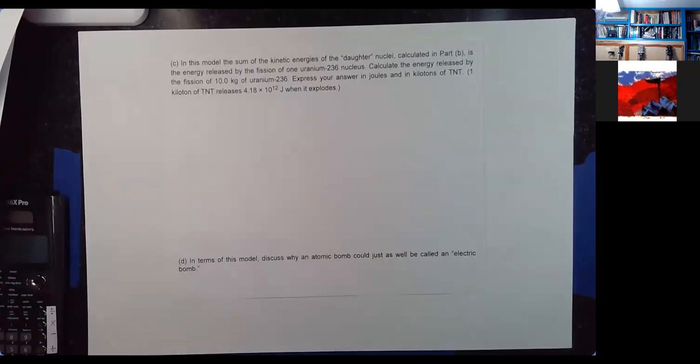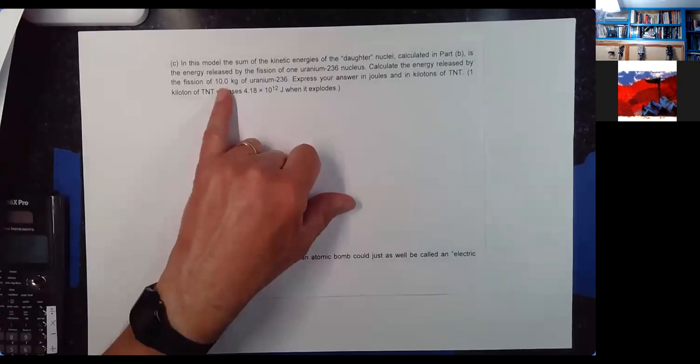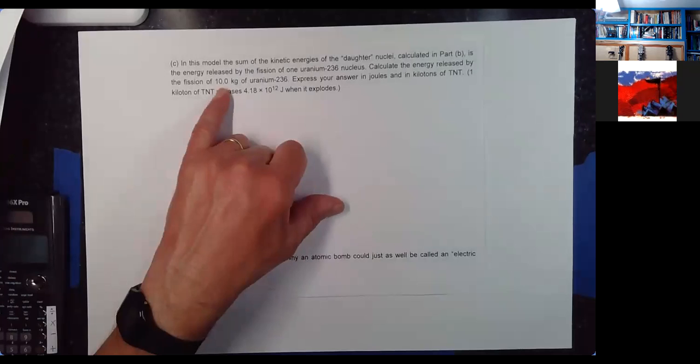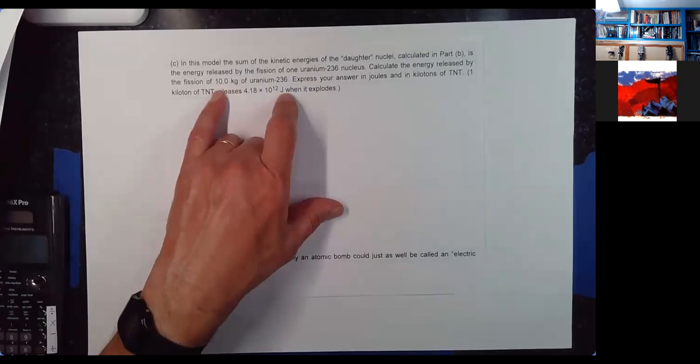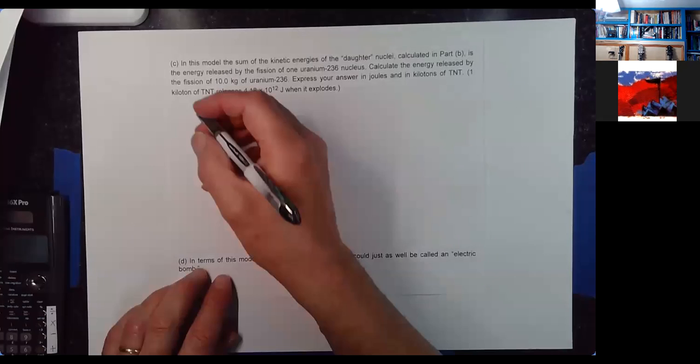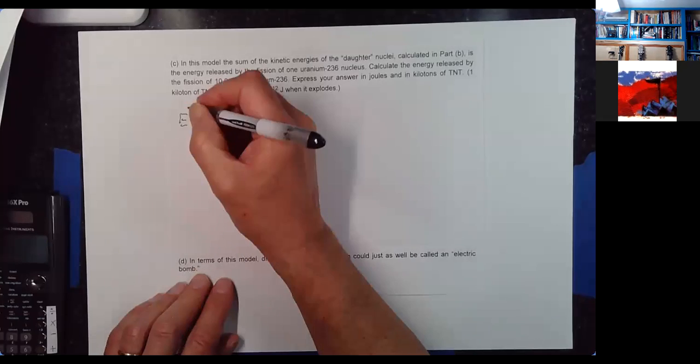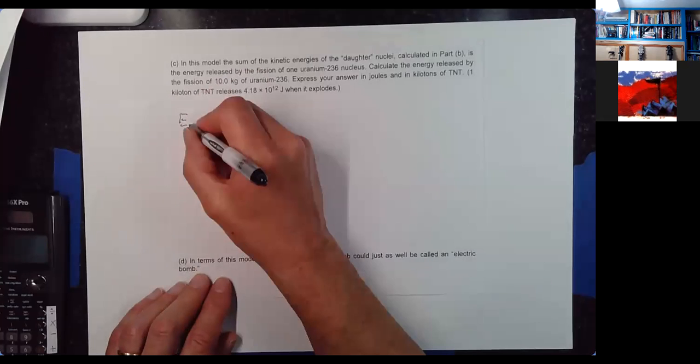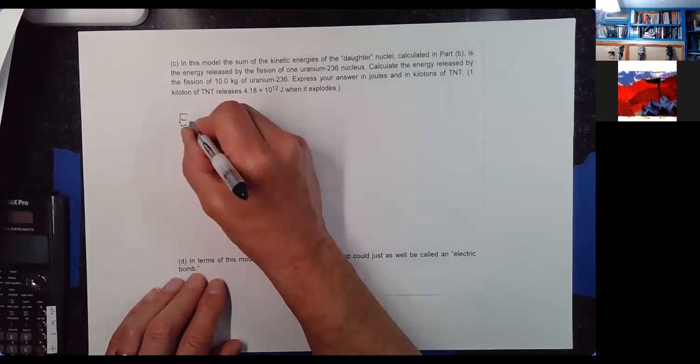But then it asks how much energy is released by the fission of 10 kilograms of uranium-236. So, holy smoke. Well, it's going to be a monster conversion energy or unit conversion problem.